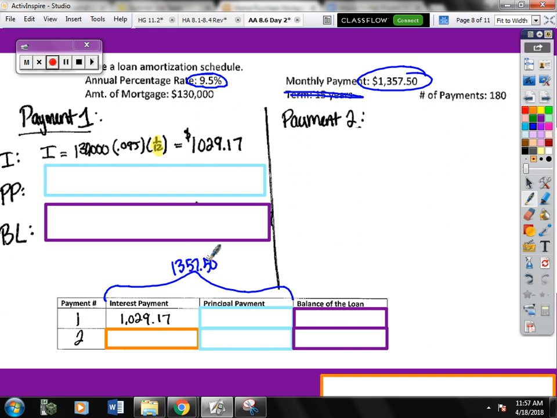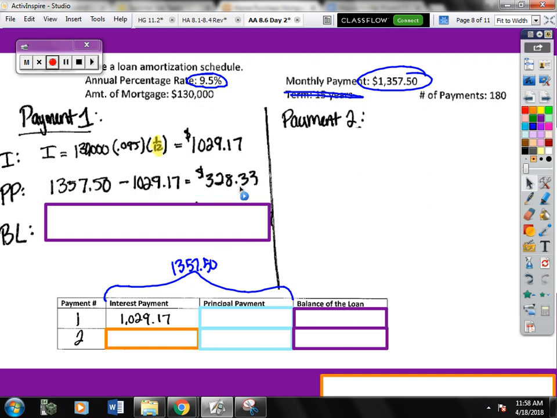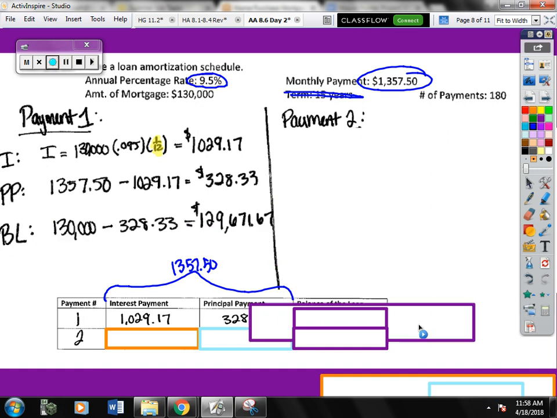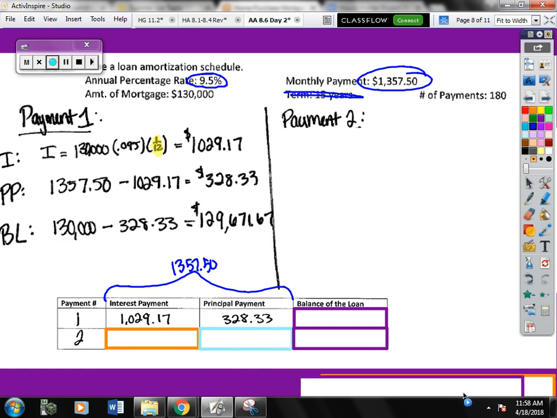So all we do now is we subtract this minus this to get how much is going towards principal. And then last, for the balance of the loan, this much is going towards principal, so we take it away from how much the mortgage is for, the amount of the mortgage minus our principal payment, to see how much left we have to pay on our home.